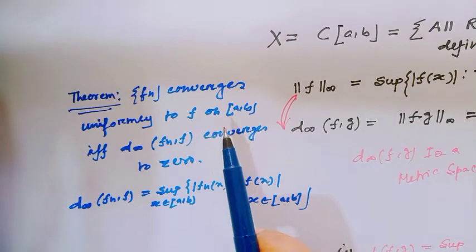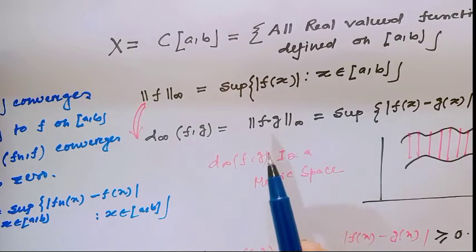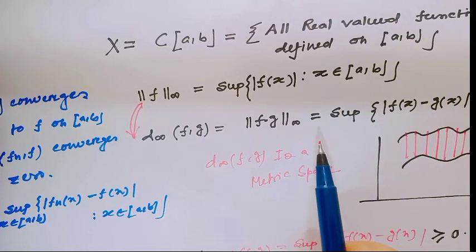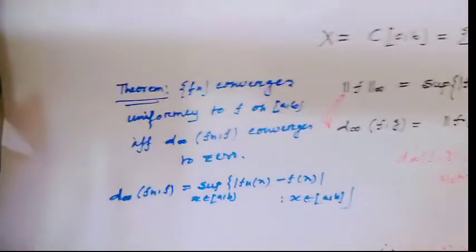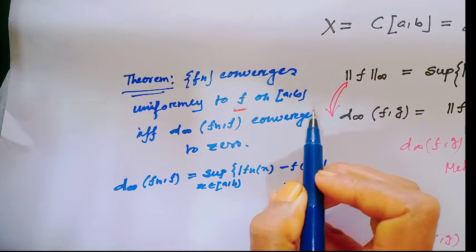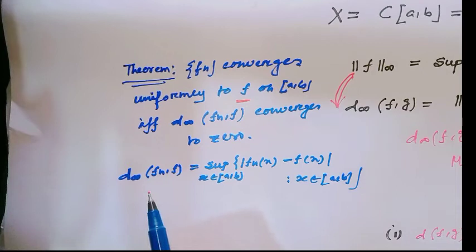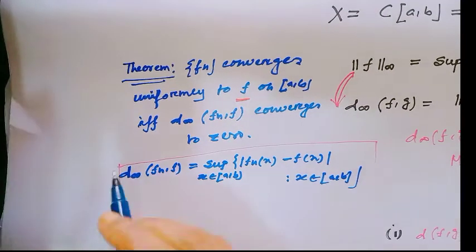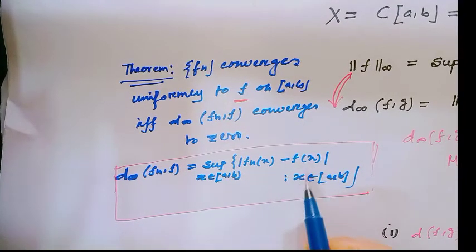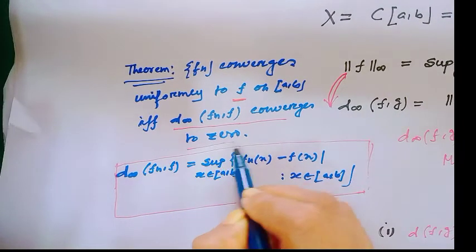Also, there exists an interesting theorem. If we consider a sequence of functions in this metric space, then this sequence of functions converges uniformly to the function f on the closed interval [a, b] if d infinity of fn comma f, which is the supremum over x in [a, b] of the absolute value of fn(x) minus f(x), converges to 0.